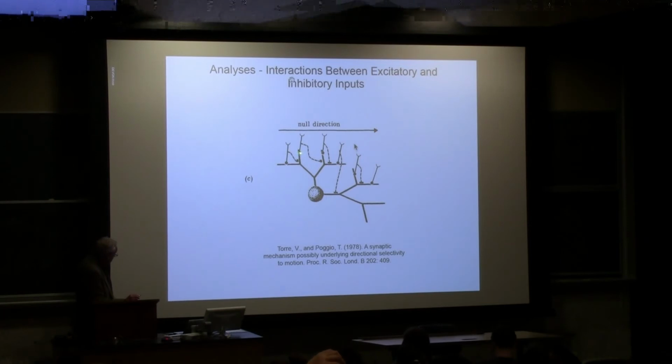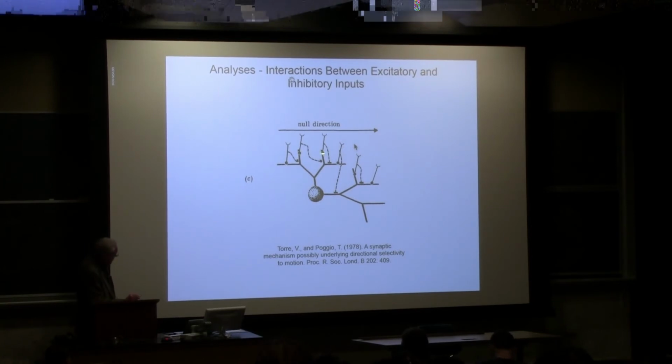It excites the postsynaptic neuron, but the inhibition gets there before that wave of excitation does. So the inhibition can then veto this response, and so on and so forth. So the light bar moving in this direction results in a pattern of lateral inhibition that prevents the charge that is injected by these excitatory synaptic events from getting through and reaching the soma.